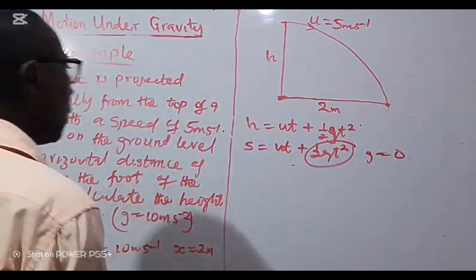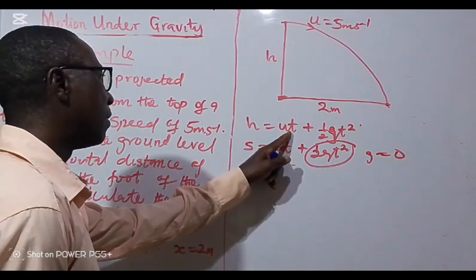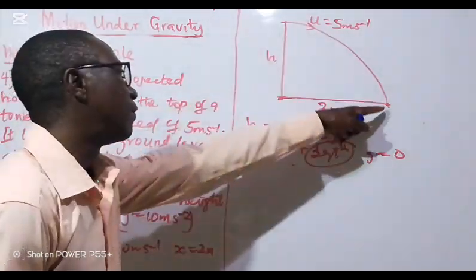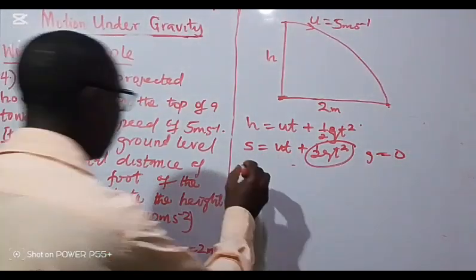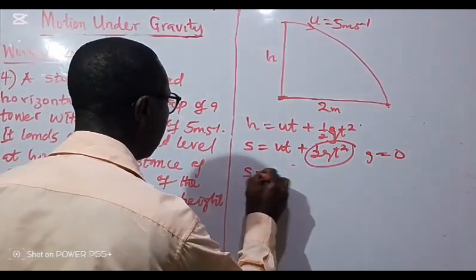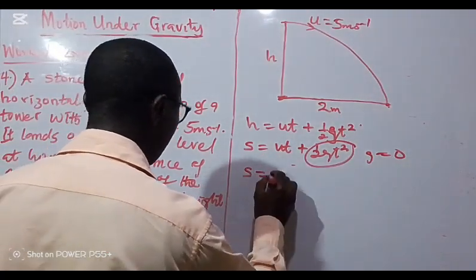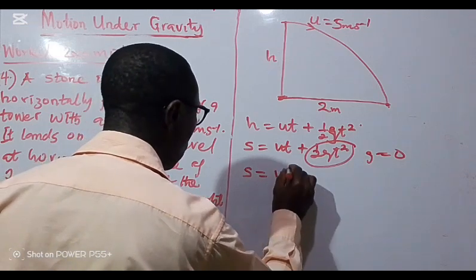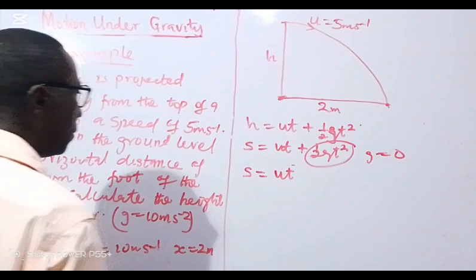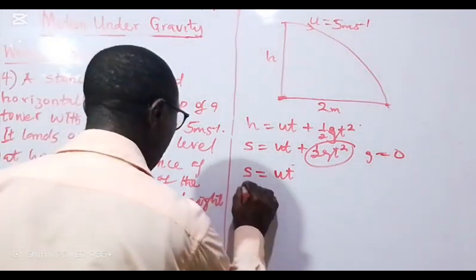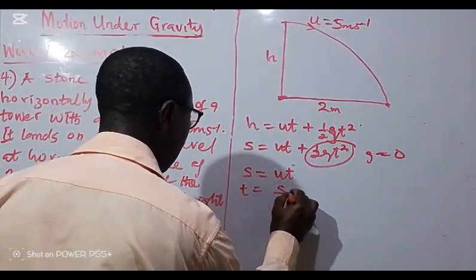Now, to calculate our t, that is the time taken to fall from this height to the ground, it will give us s, that is the horizontal distance given, as ut. Now, u is already known. What do we need? t. So you now see t is equal to s over u.